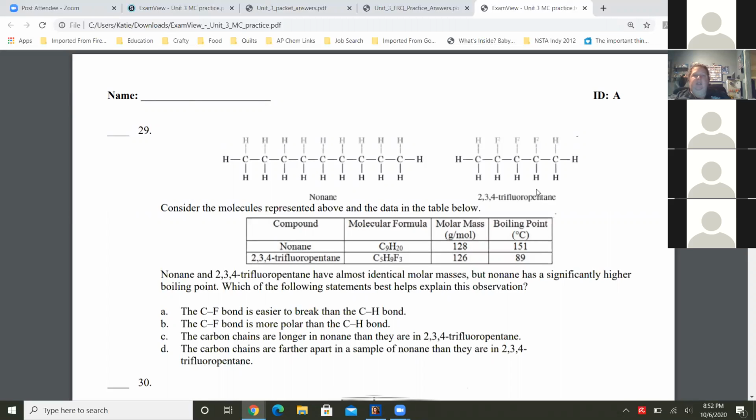And in this case, they're showing us trifluoropentane as the other substance, even though it's got those fluorines on there and it's polar, because it's not 100% symmetrical. They're telling us, bam, here's the boiling point. Right. So these London dispersion forces are stronger even than the dipole forces that trifluoropentane has. Okay, makes sense. Thank you.